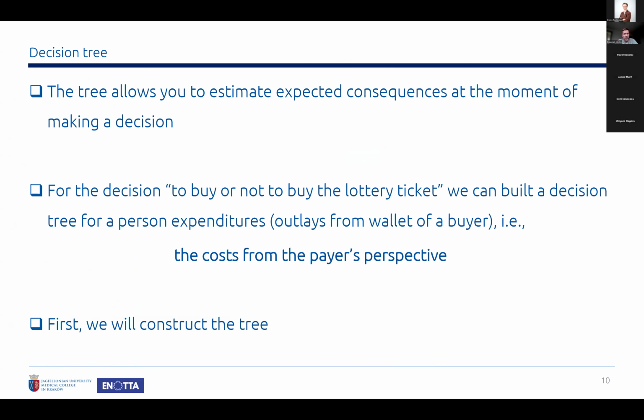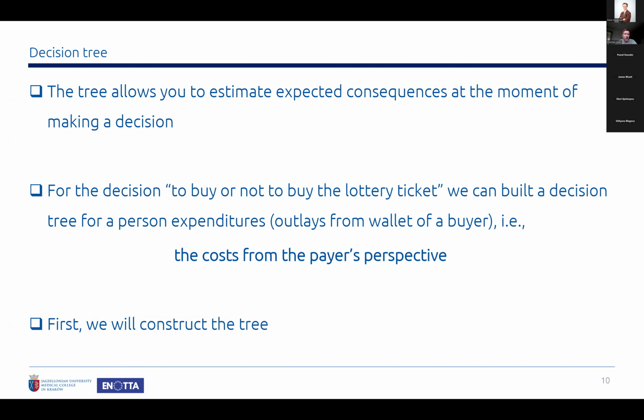A decision tree helps estimate expected outcomes before making a decision. It is done by looking at possible future results scientifically. For our decision to buy or not to buy the ticket, we can build a decision tree for our expenses and our incomes. So for everything that goes in or goes out from our wallets.